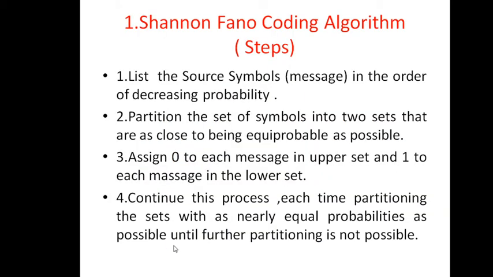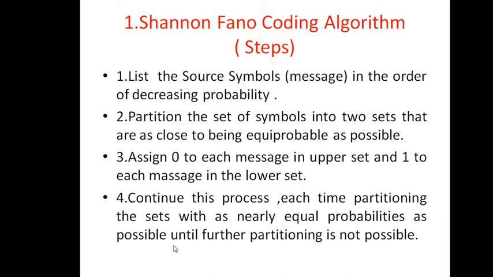So what are the steps of the Shannon-Fano coding algorithm? First, list the source symbols or messages in order of decreasing probability. Second, partition the set of symbols into two sets that are as close to equiprobable as possible.